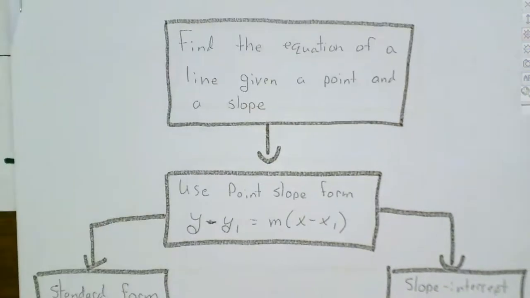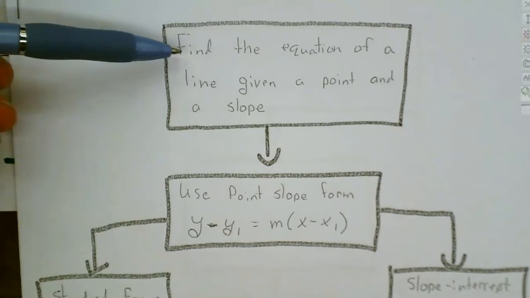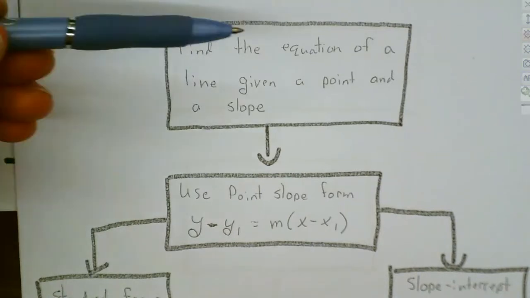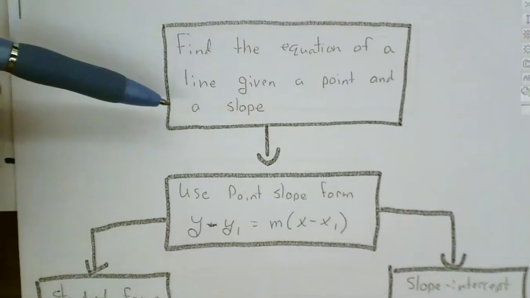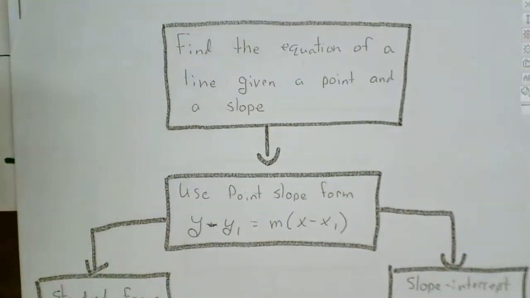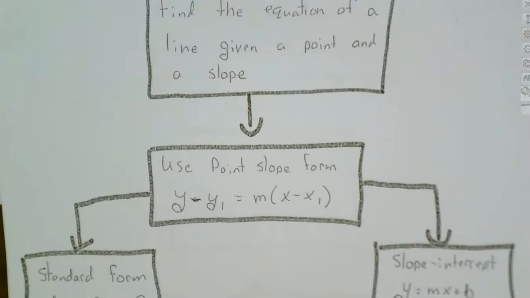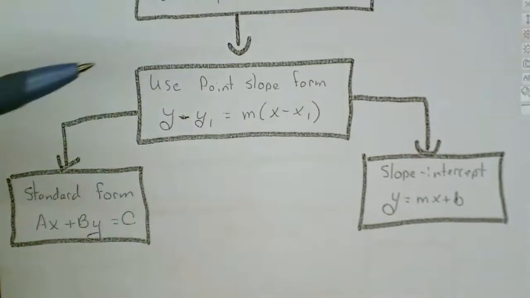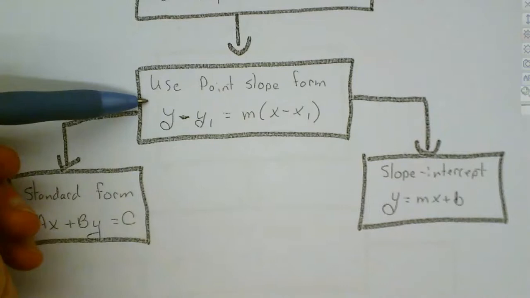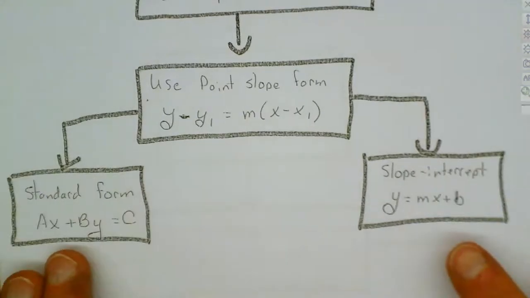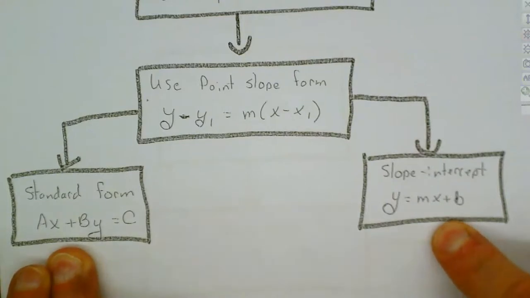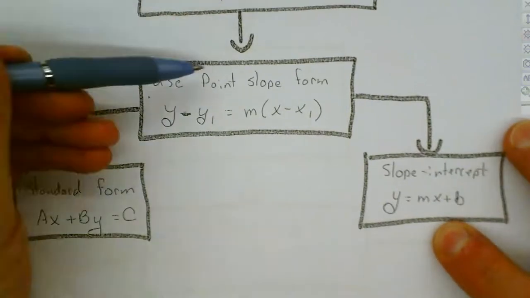So the first one, on that sheet that I gave you, says, and this is what we're going to be doing first, find the equation of a line. You're given a point and a slope. Okay, so we follow the directions. So think of it like a recipe. So what does it say to do? Apply your point-slope formula, and then you write your answer in either standard form or slope-intercept form. Okay, so you just follow the arrows down and go one way or the other.